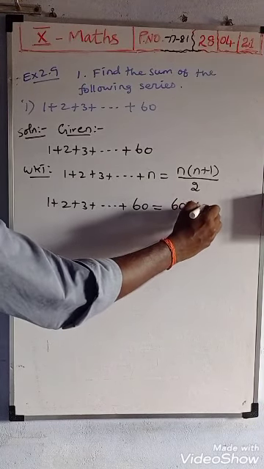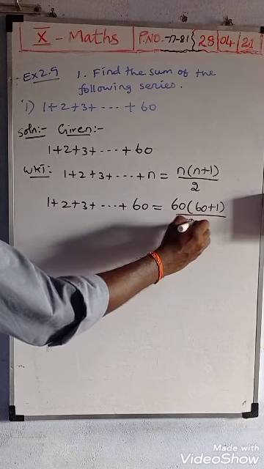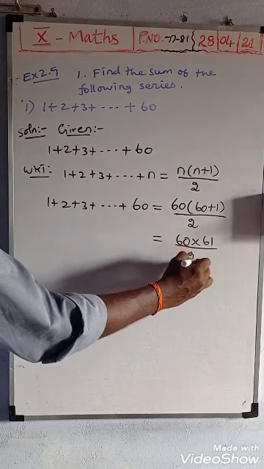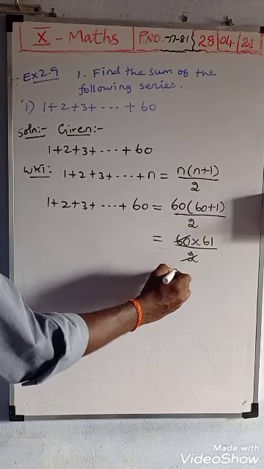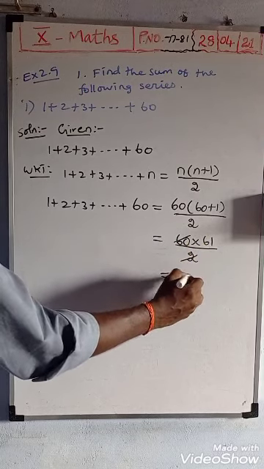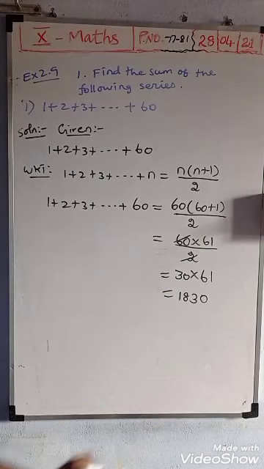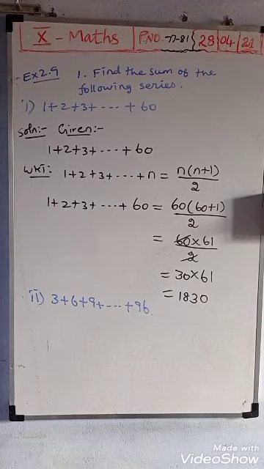So 60 into (60 plus 1) divided by 2. Now 60 into 61 divided by 2: cancelling the 2 with 60 gives 30, and 30 into 61 gives 1830. So the sum of the given series up to 60 is 1830.